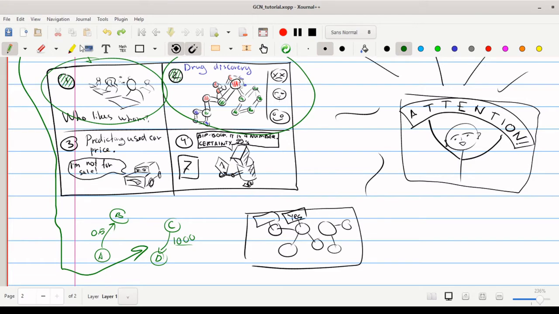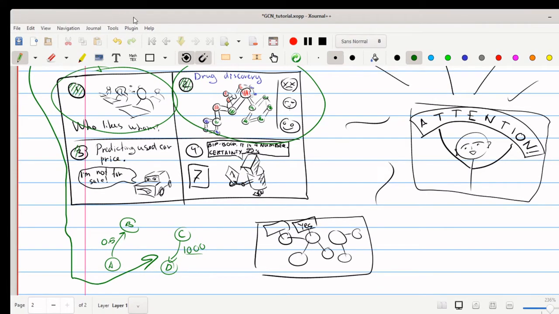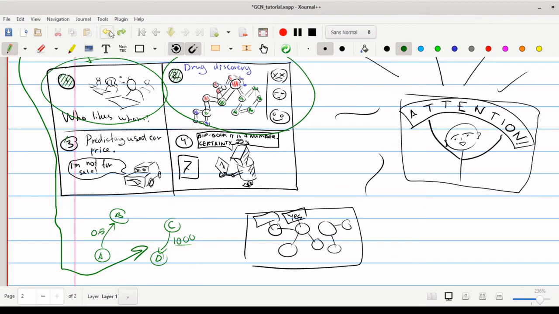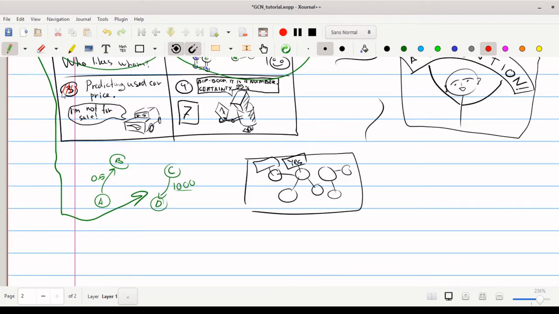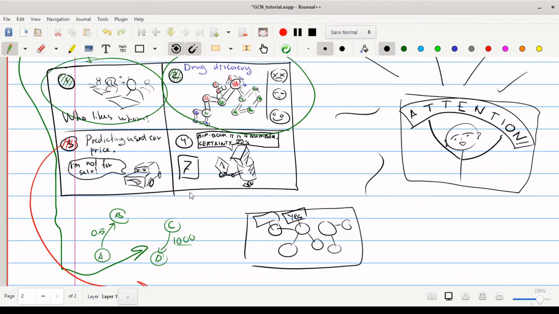Now, the next problem, problem 3, actually should be colored differently, because I personally don't see a natural way to represent this problem in a graph form. I must note that this is not all set in stone, and sometimes it's better to represent it in a graph form, sometimes it's not.